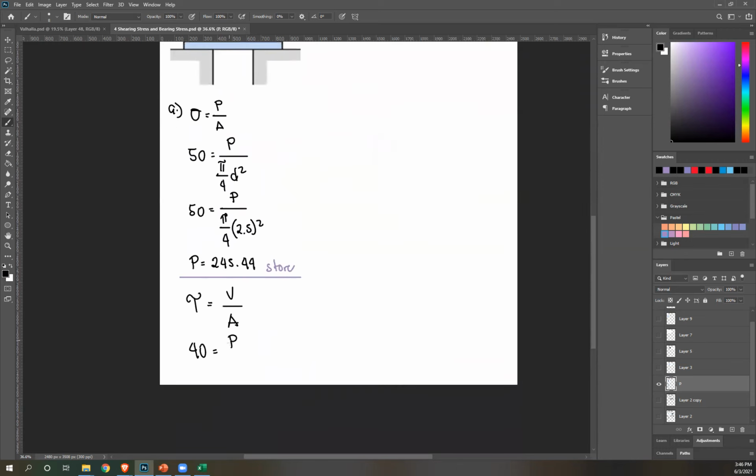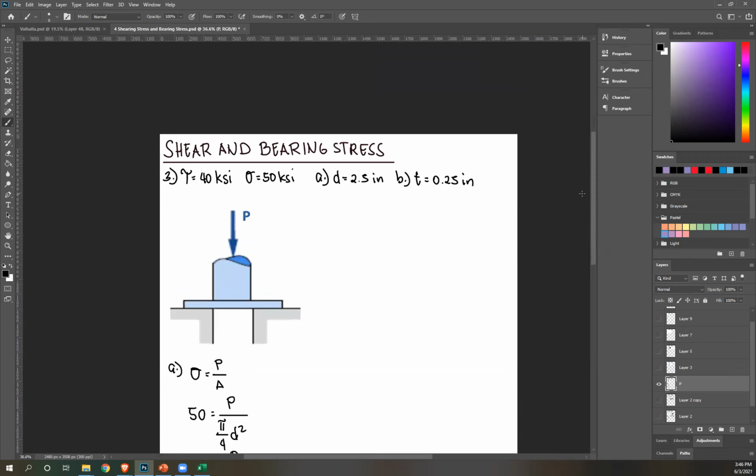So V is equal to P, and the area was the shear area. Compression area is different from the shear area. Can anybody give me the equation for the area experiencing shear?